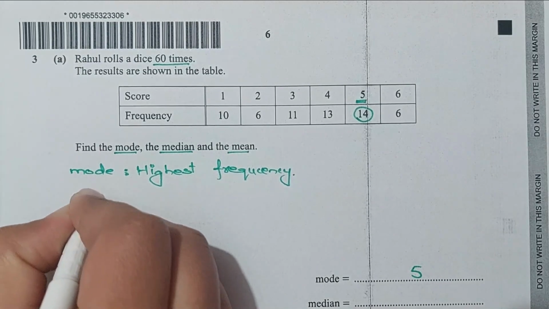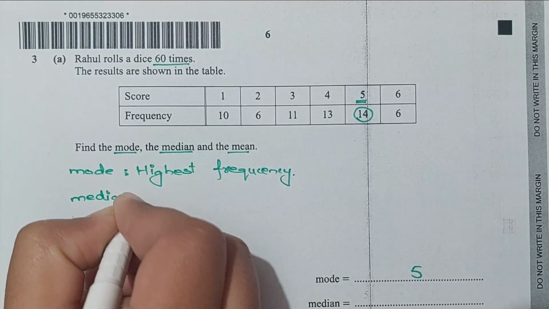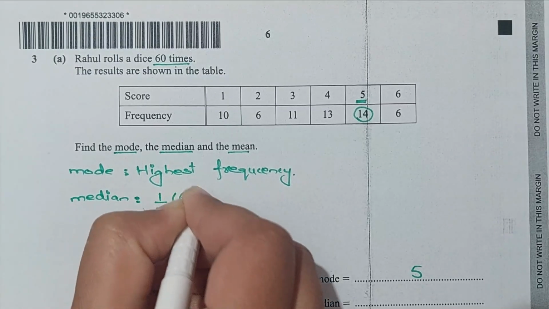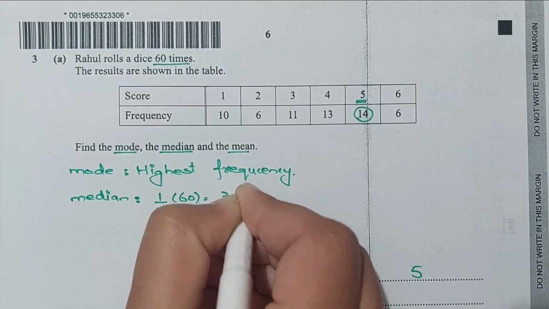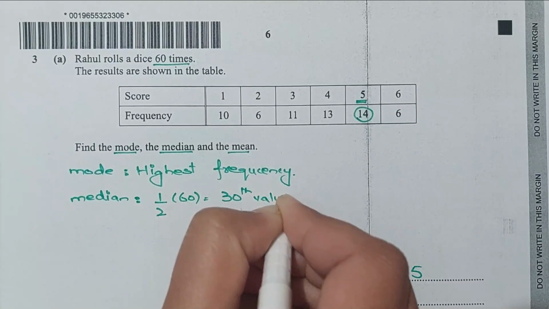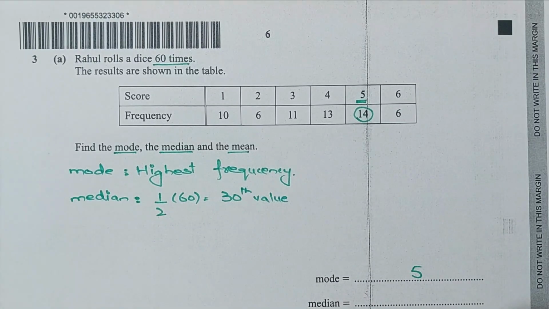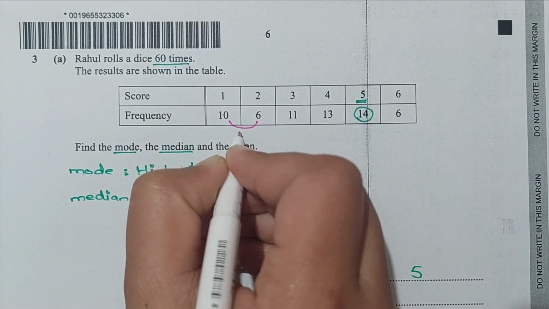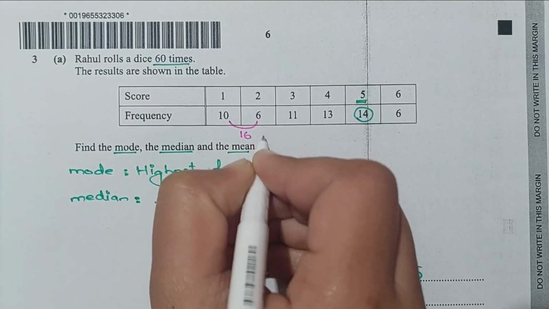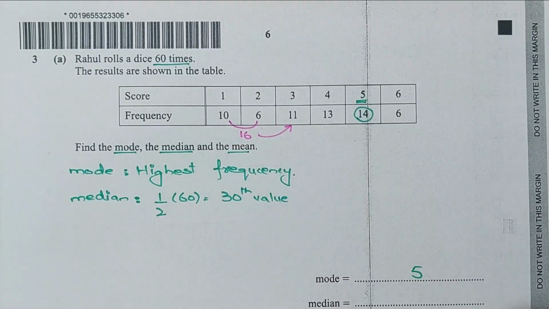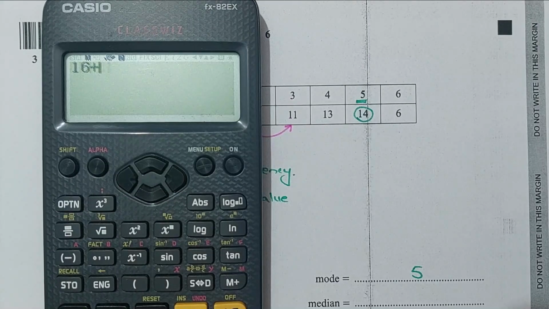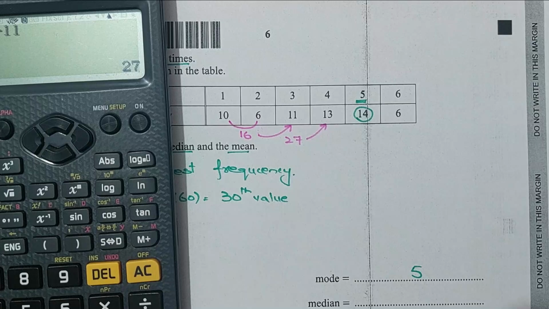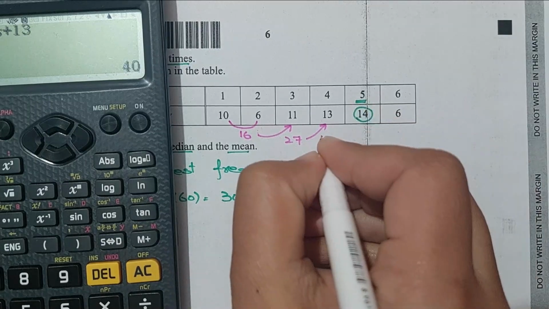Median is the middle value of the data. Median is half of 60, which is the 30th value. We have to find at what point it reaches 30. So 10 adds up to 6, 16. 16 adds up with 11: 16 plus 11 is 27, and 27 adds up with 13 is 40.